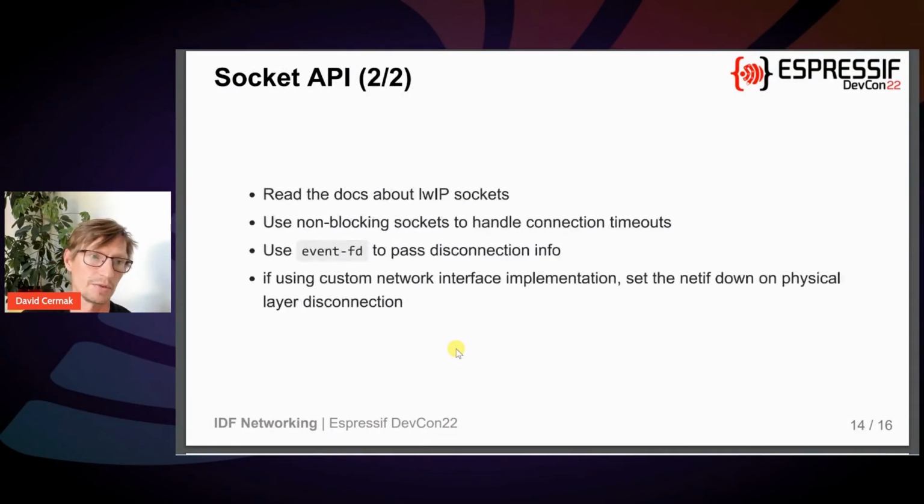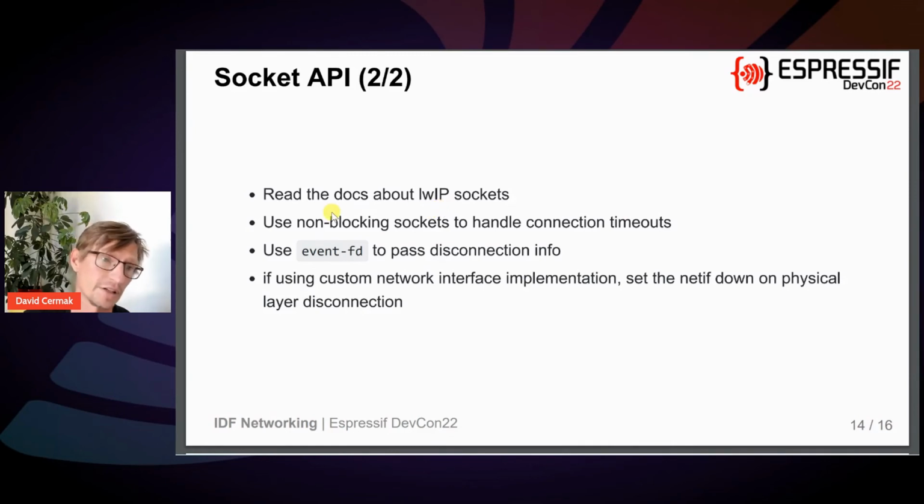So let's return to the presentation, and let's see what we have learned when showing this example. About the socket API, I've already mentioned that these are LWIP sockets. So we need to be aware that there are certain differences.